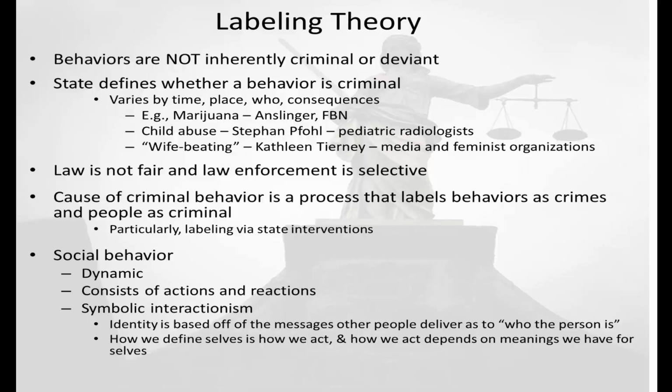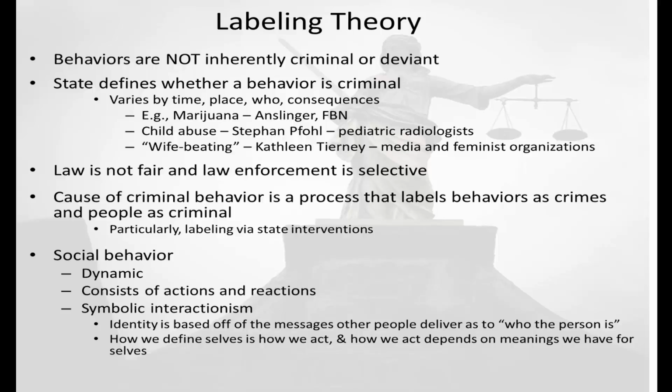So here on this slide, I have a few examples of how new laws were created based on the actions of a few people. Marijuana was criminalized because Anslinger, who was the head of the Federal Bureau of Narcotics, advocated for the criminalization of marijuana since it was a substance primarily used among Mexican migrants.